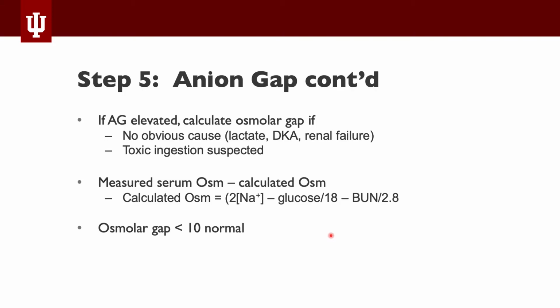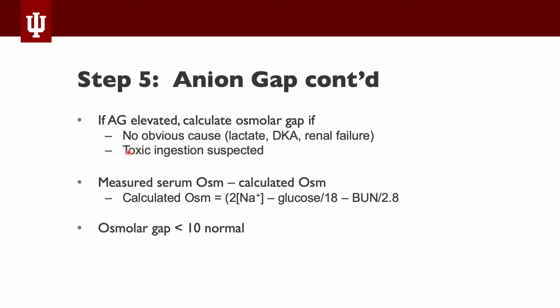All right, so step 5, again, if the anion gap is elevated, you may calculate an osmolar gap only if you don't have an obvious cause. Like, for instance, if the lactate is elevated or you have a DKA, renal failure, whatever, you might skip this.